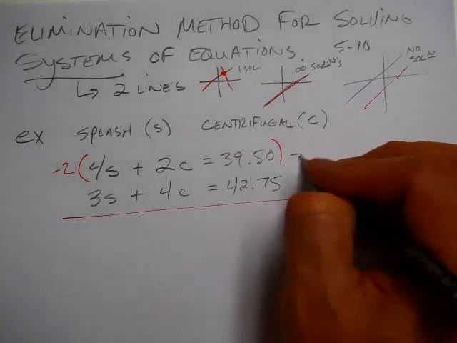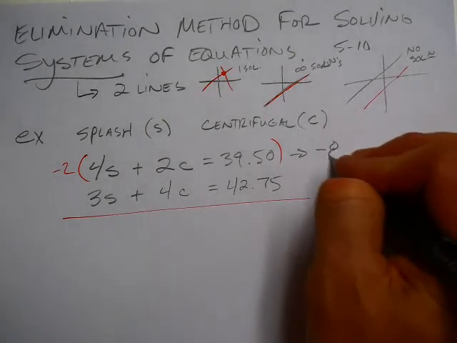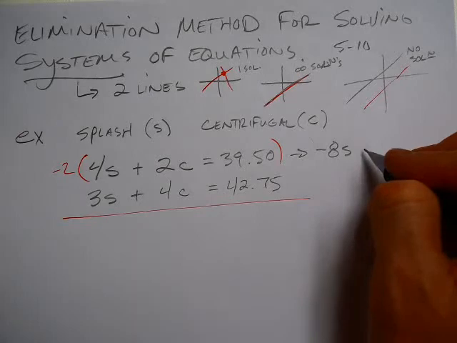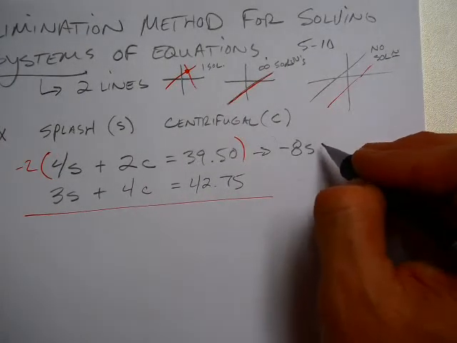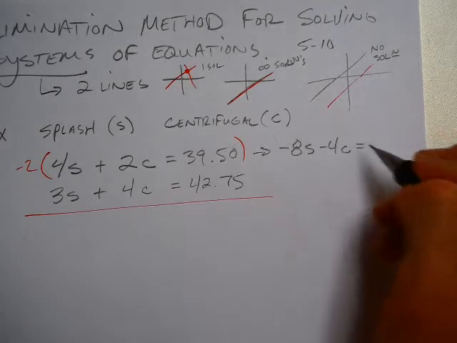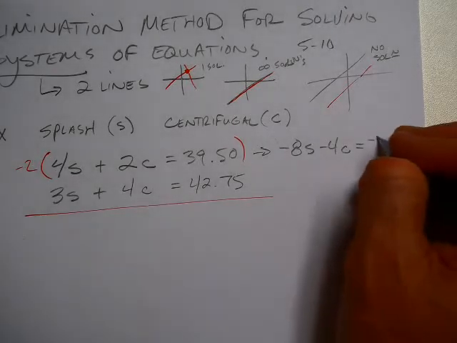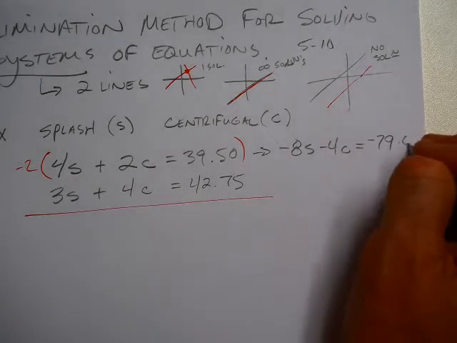So this is going to change to -8s, -4c, and -2 times $39.50, that's going to be a -$79, or just -79.